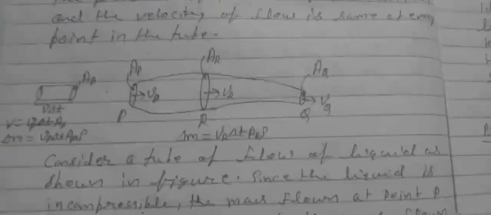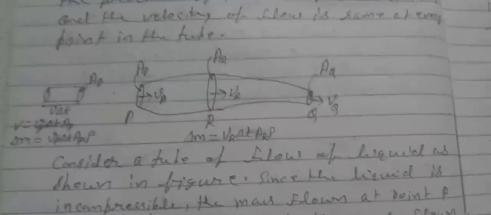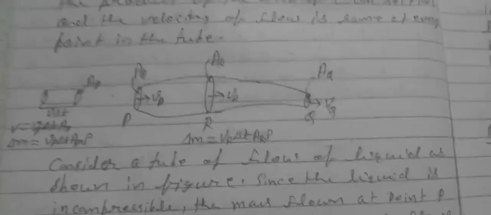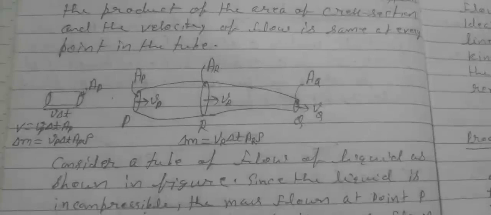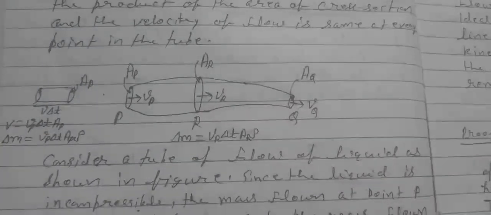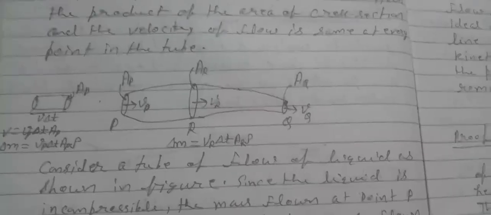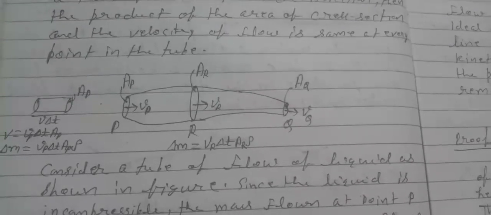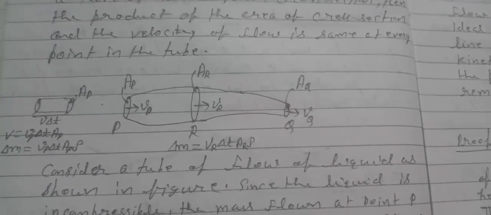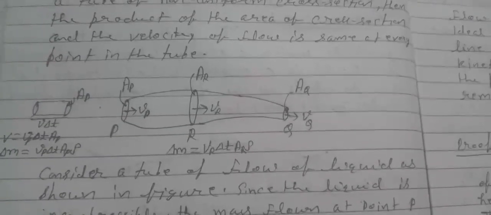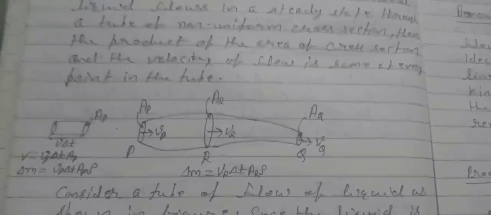Here a tube is shown. Consider the point P. At this point the velocity of the fluid is Vp and the area of cross-section is Ap. Similarly, at point R, the velocity is Vr and the area of cross-section is Ar. And at Q, the velocity is Vq and the area of cross-section is Aq.